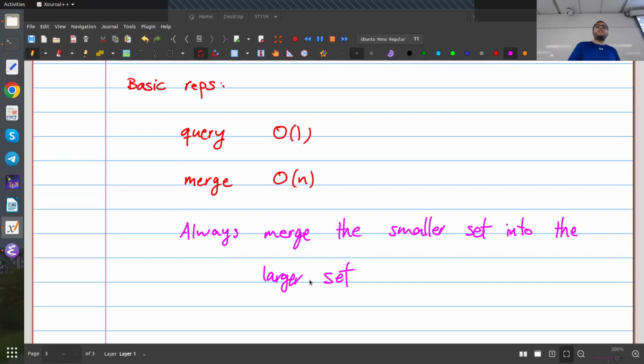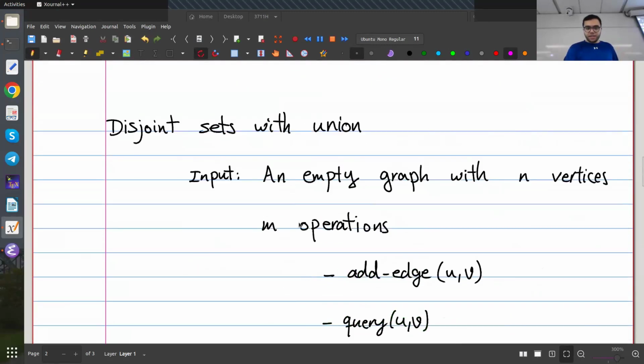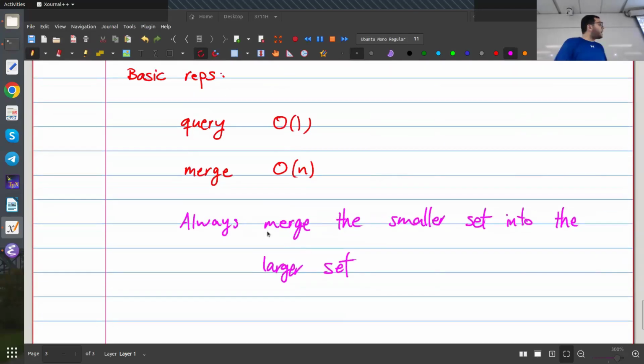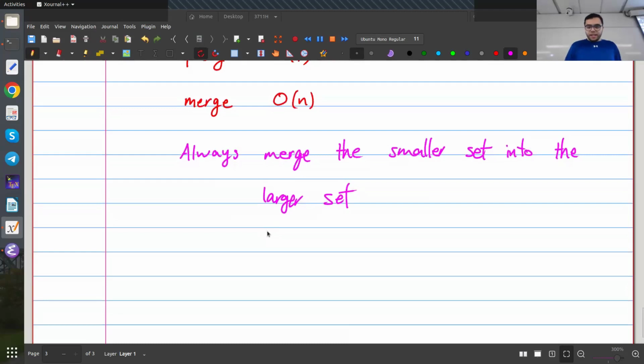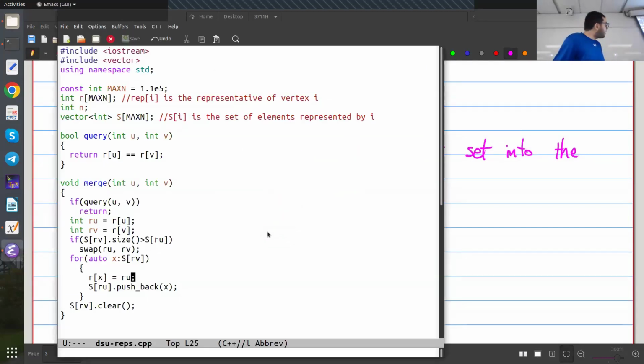But the thing that is interesting is what happens when I do a large number of merges. So remember, I have M operations here, and this M can also be huge. So of course, I can say that every merge in the worst case takes O(n) time. So if I do M operations, M merges in the worst case take O(mn) time. But I can do a better analysis. I can count the cost of a bunch of merges in a different way. Here's the thing. What is the main time-consuming component in a merge?